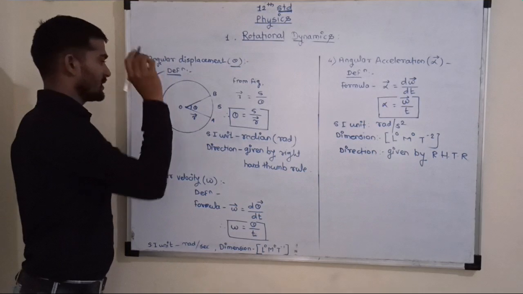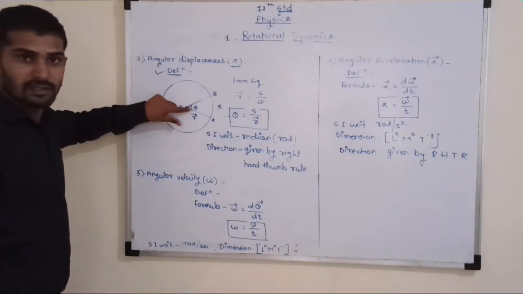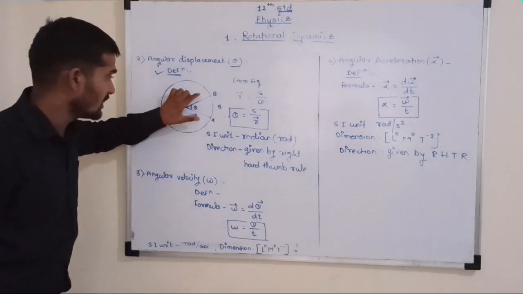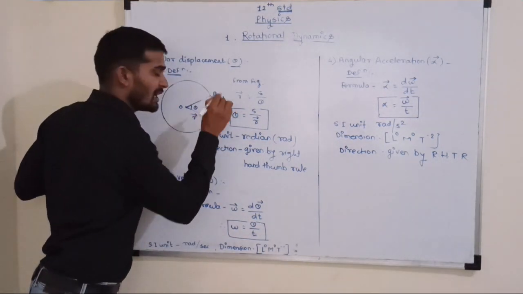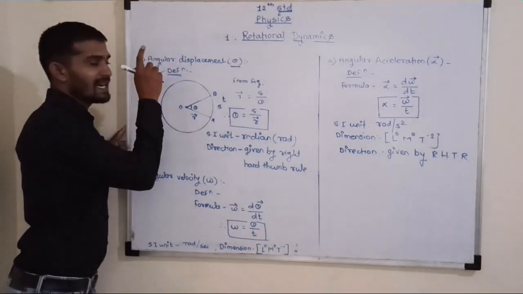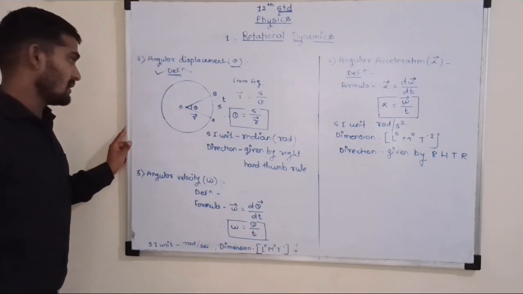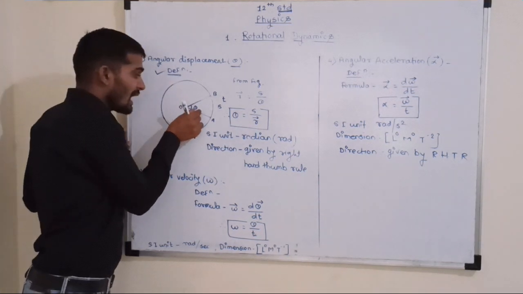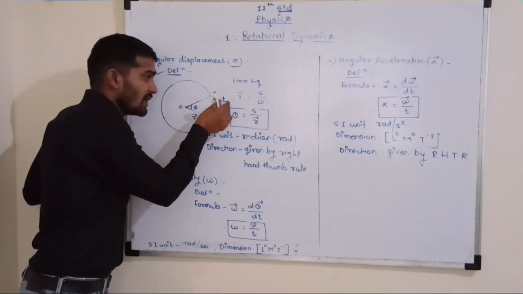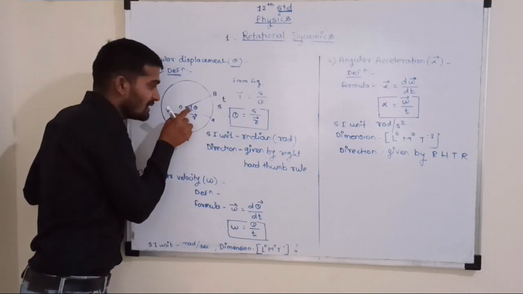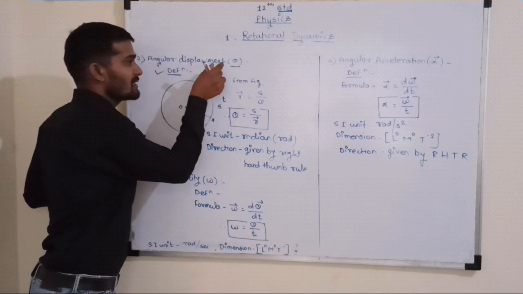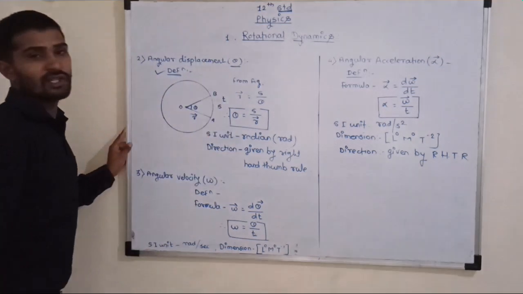So, definition: the angle described by two radius vectors in a given time t at the center of the circle is called angular displacement, which is denoted by theta.